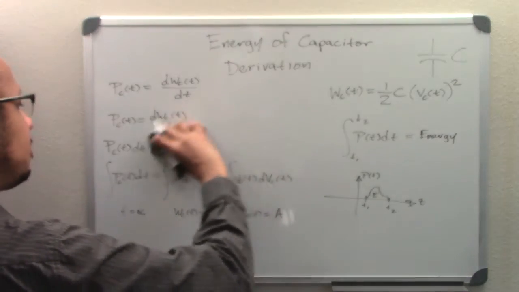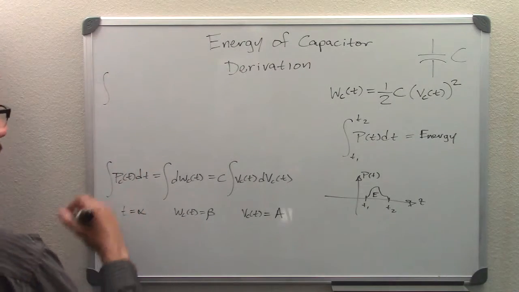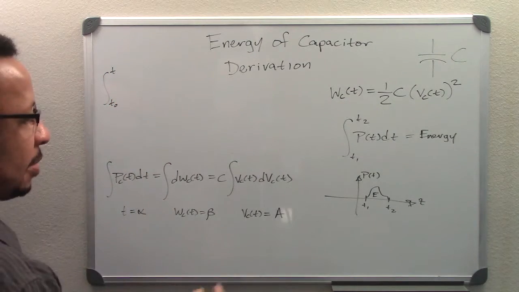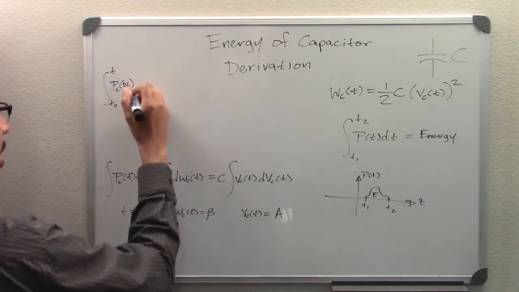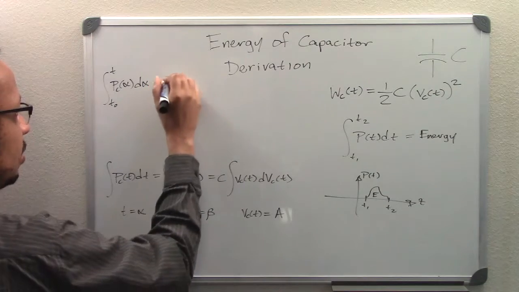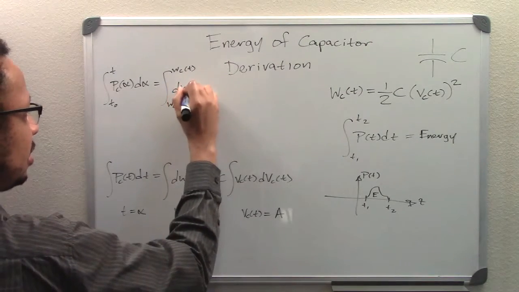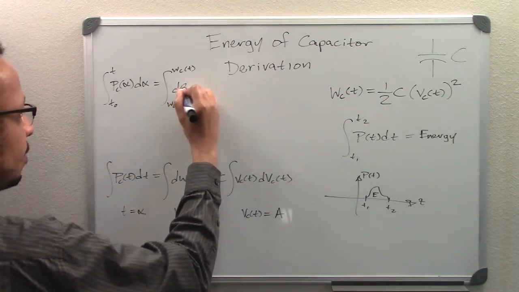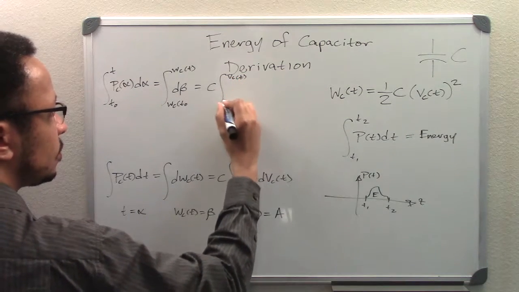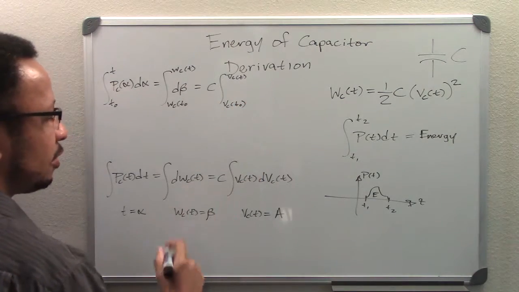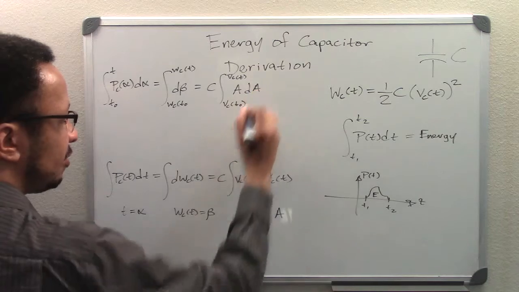Now over on our left hand side we have t, and instead of using t1, we'll use t sub 0, and we have Pc of alpha d alpha, because remember we just replaced it, equals the integral between Wc of t sub 0 and Wc of t, d beta, and that's going to be equal to C times the integral with Vc of t sub 0 and Vc of t as our integration limits, with A substituted, and then dA instead of dVc of t.